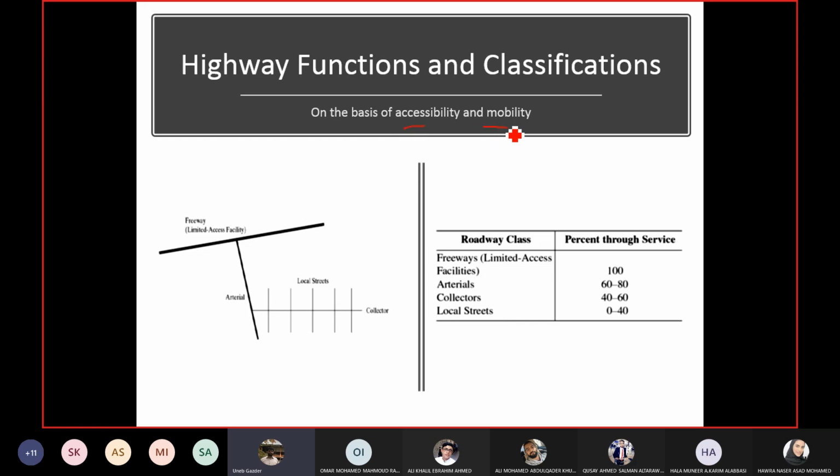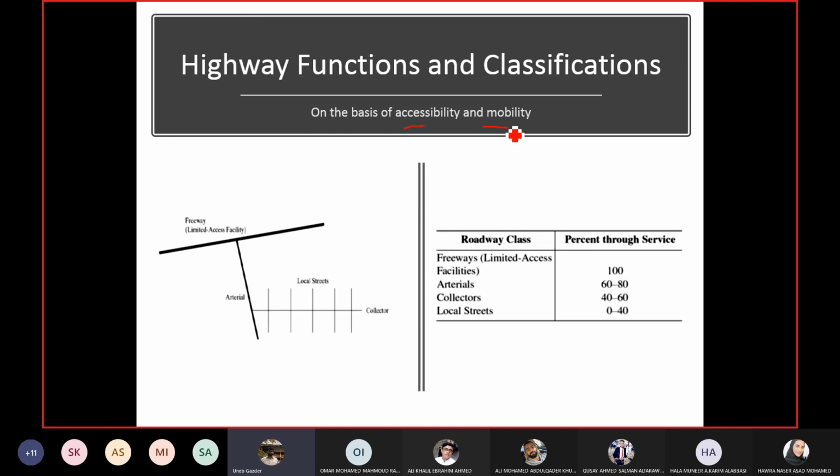What is accessibility? Accessibility is the ease or ability to connect to an area from a highway. How easily you can access different areas from a highway, that will be its accessibility.